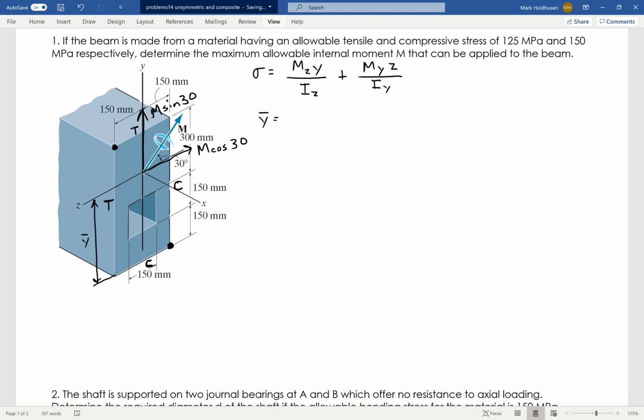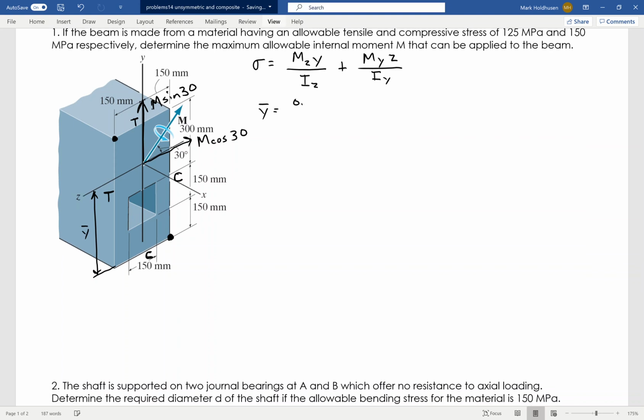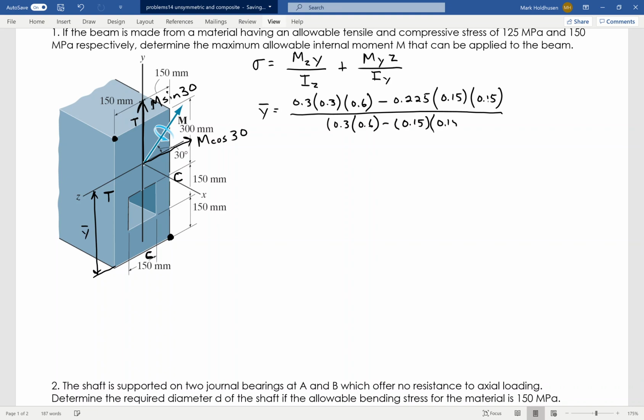The center of that big rectangle is 300, so 0.3 times the area, which will be 0.3 times 0.6, minus the square, which from the bottom will be 225, times the area, 150 by 150, so 0.15 times 0.15, all divided by the total area, which will be 0.3 times 0.6 minus 0.15 times 0.15, right?